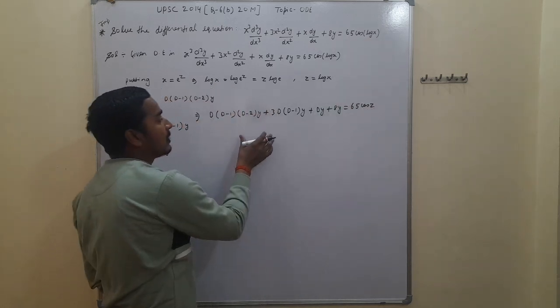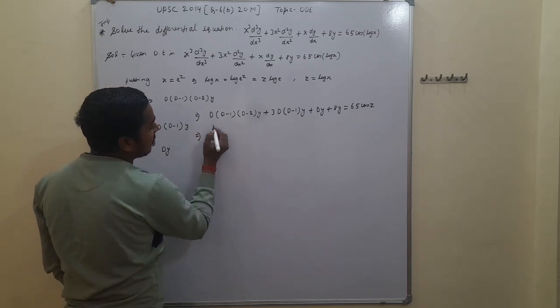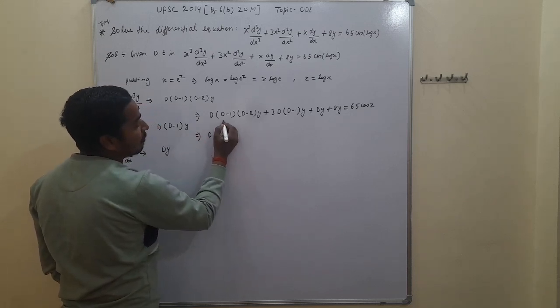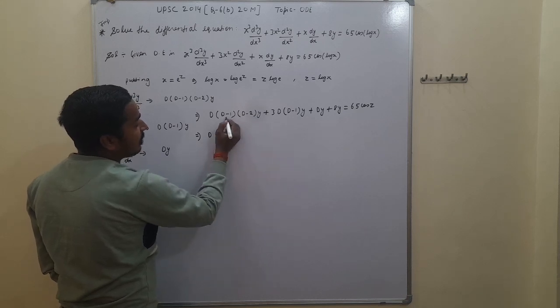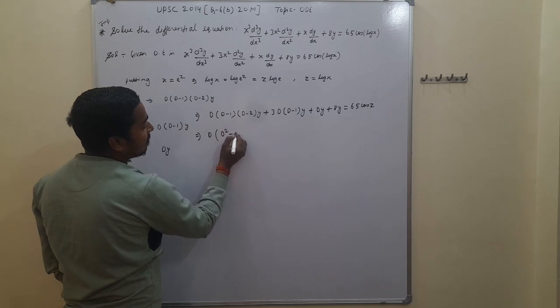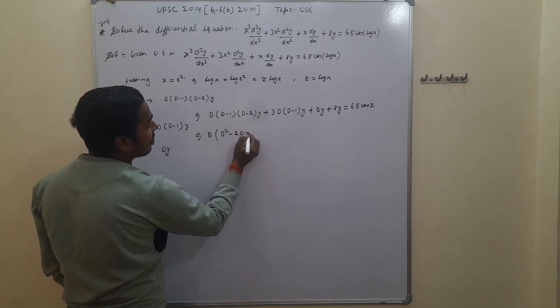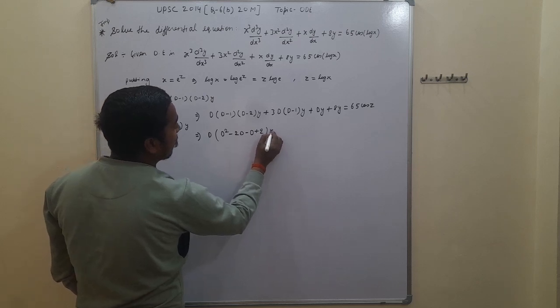Now we simplify. Multiplying D minus 1 and D minus 2 gives D square minus 2D minus D plus 2, into y.